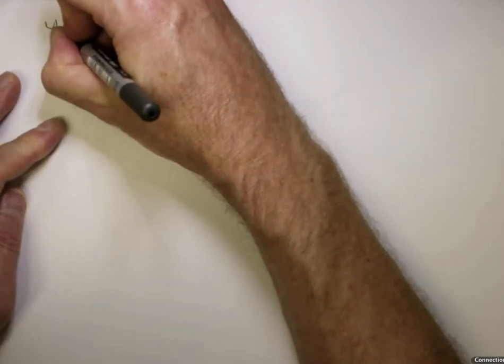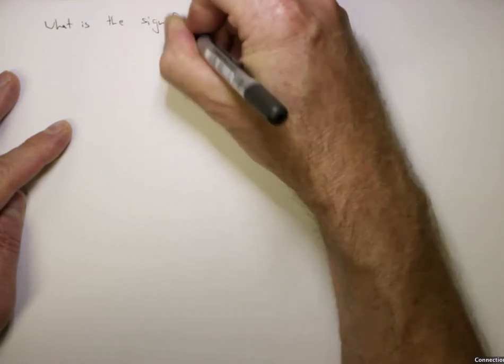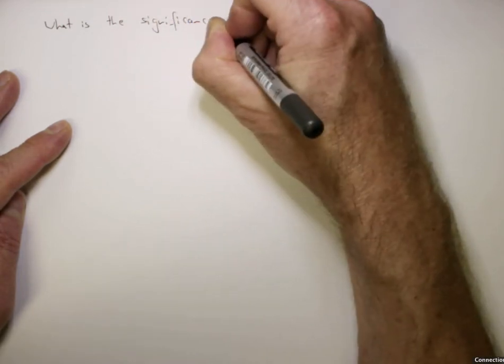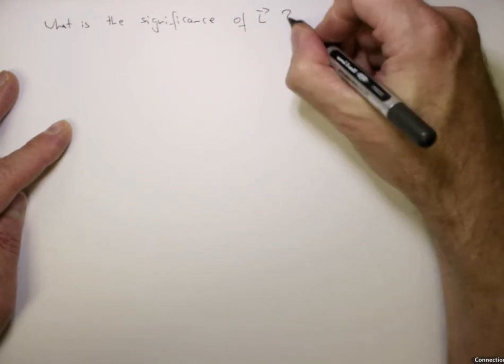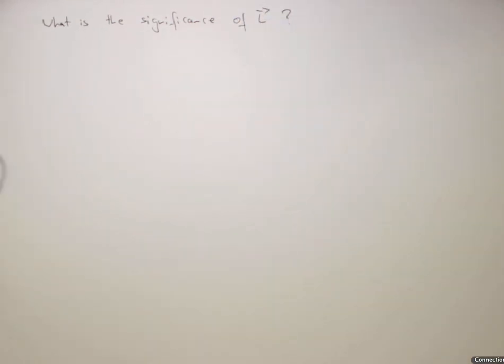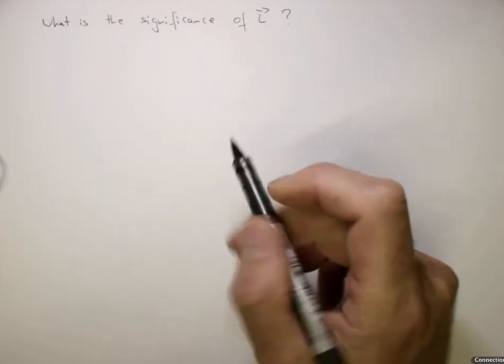What importance does this angular momentum vector have? What is the significance of angular momentum? We wouldn't give it a special name if angular momentum L wasn't important. We would just leave it as r cross p. But there's obviously some significance to it, and that significance I want to illustrate now.